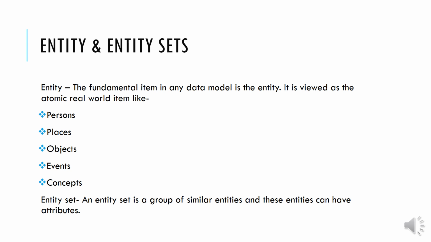Events can be a specific sale or any registration, any order that we can make, the reservations that we do. And concepts can be the course, stocks, qualifications. It all will be called an entity.